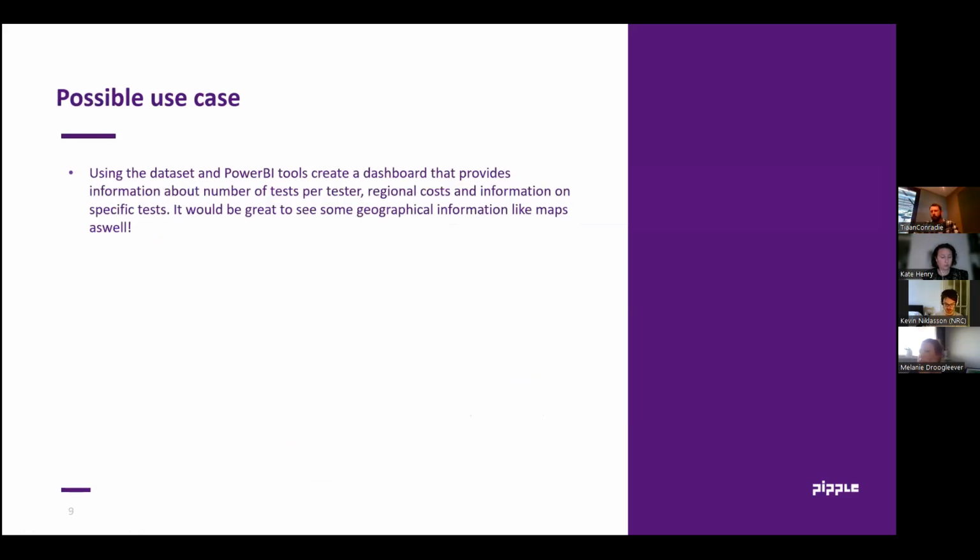All right. So if we think about a possible use case for this data set and where Power BI can fit in to get a better understanding of what has happened over the last few years with these tests we've conducted, we can use the data set and Power BI tools to create a dashboard that provides information about, for example, the number of tests per tester.